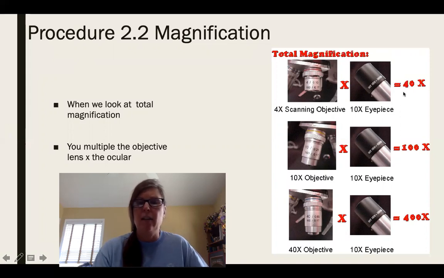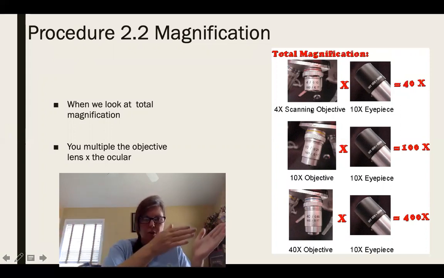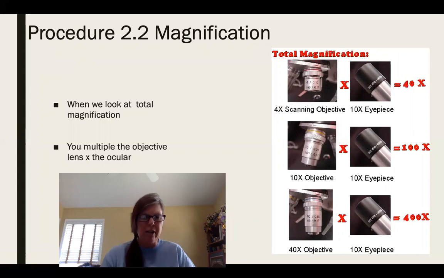That's your total magnification. Now the 10x, so we go from our scanning. Our scanning is called the scanning because you can see the biggest field of view, so you can scan the whole slide to find your specimen. Once you get your specimen, you center it on your field of view, and then you bump up to the next objective, which would be your 10x objective. So once you move it up to the 10x objective, then of course you have 10x times your eyepiece, which is 10x.